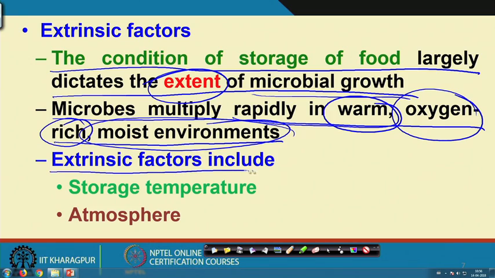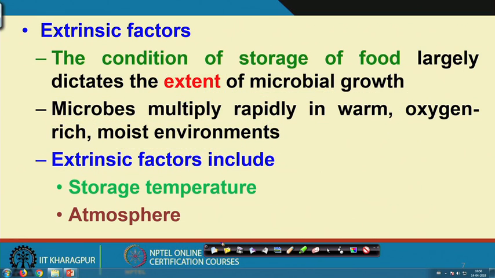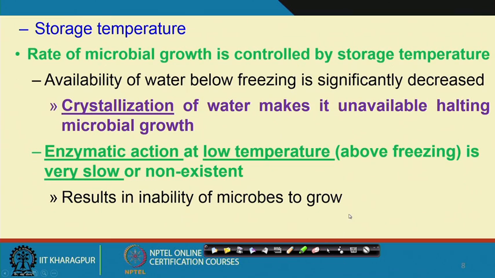So, these greatly affect the growth of the organisms, and all of them are extrinsic factors, right. So, storage temperature, atmospheric condition, and storage temperature, all these affect the growth of the organisms.